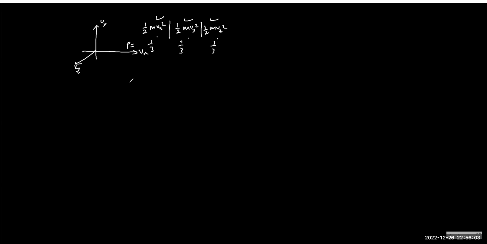So let's say a molecule is having 3 electron volt energy. Then half m vx square will be how much? If the total translational kinetic energy of a molecule is 3 electron volt, then what can you say about the kinetic energy due to the x component? 1 electron volt. So every component will store how much? 1 electron volt each, right?